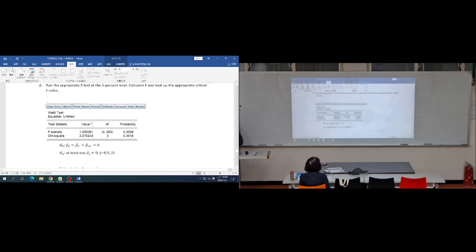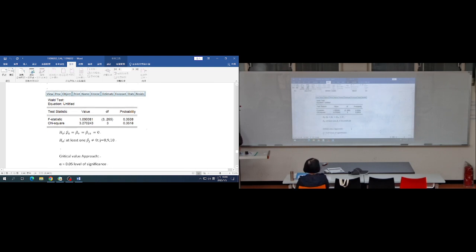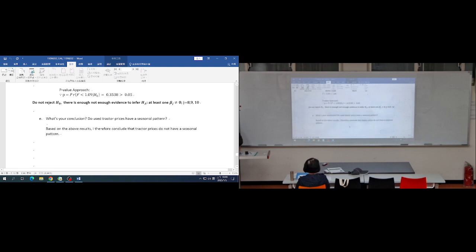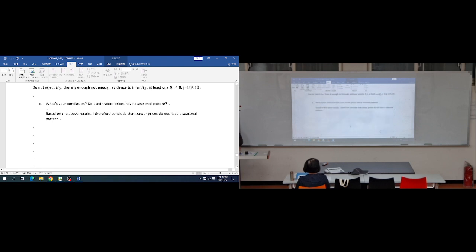And then I also did the partial F test or the Wald test, and did the critical value approach and the p-value approach. So based on these results, we do not reject, as there is not enough evidence to infer the alternative hypothesis. Based on the results, I therefore conclude that tractor prices do not have a seasonal pattern.